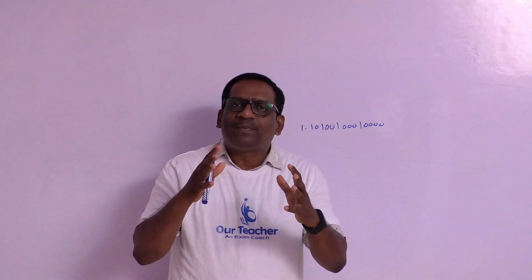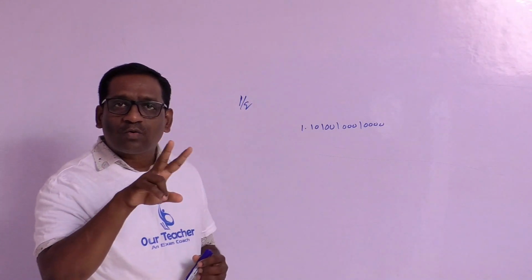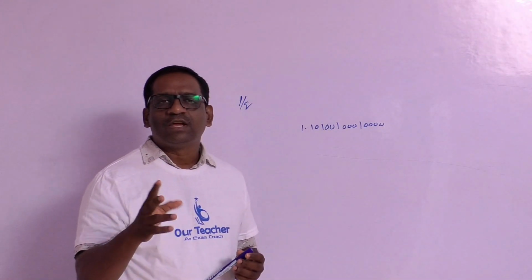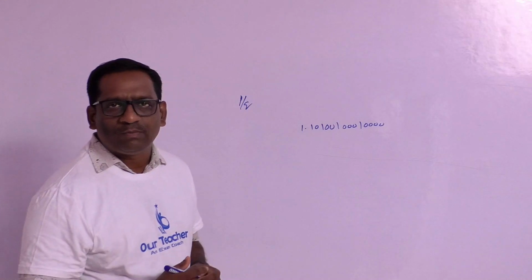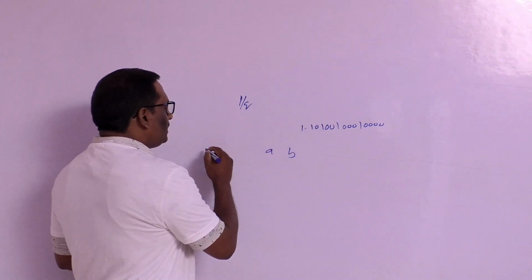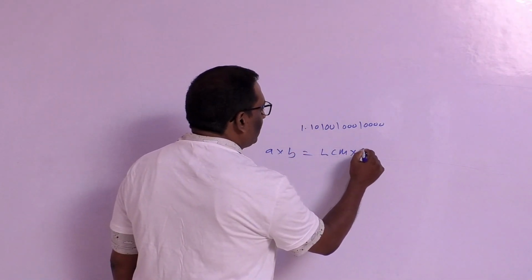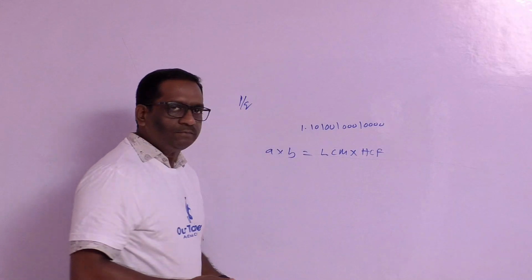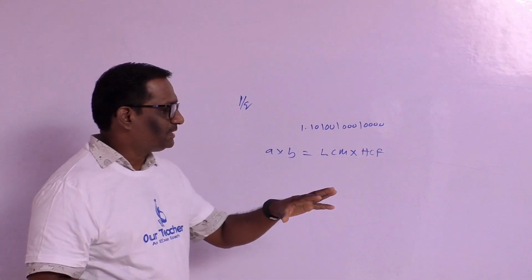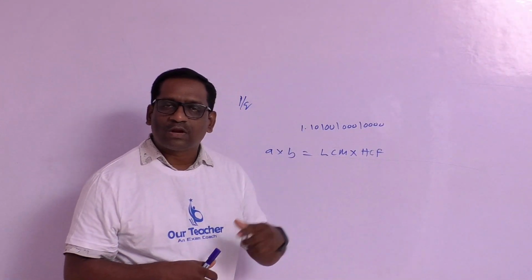With the help of these two, there is one relation, which we use for at least two numbers. If you take two numbers A and B, the product of the two numbers A and B is equal to LCM times HCF. This is the relation between LCM and HCF and the two numbers, and we will use it to find the remaining value.